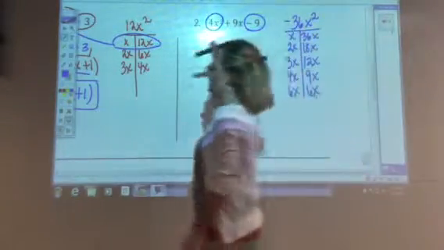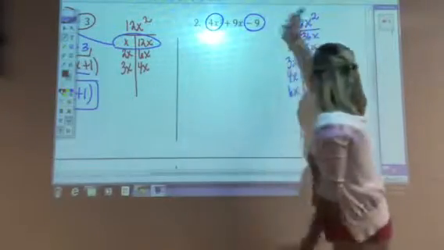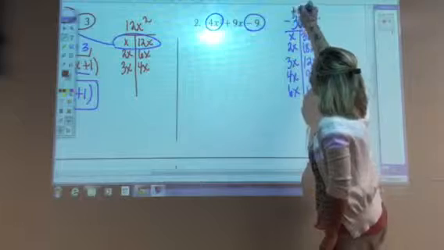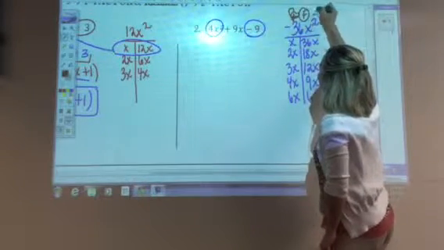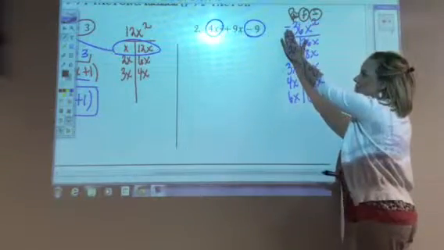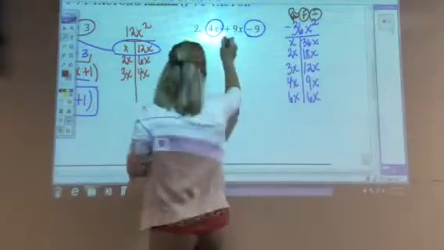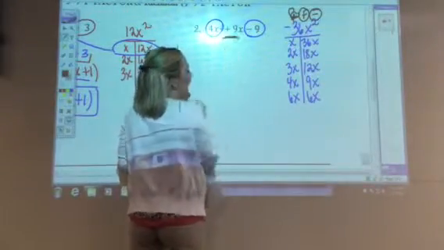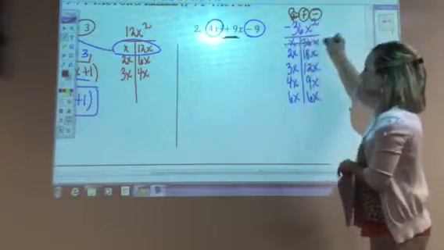Notice it's a negative. What that means is that in my factors, when I multiply them together, one of them has to be positive and one of them has to be negative in order for you to multiply together and get a negative 36, okay? Remember, we go back and we look here at our middle term. Which one adds together to give us a positive 9x? Obviously not this one.